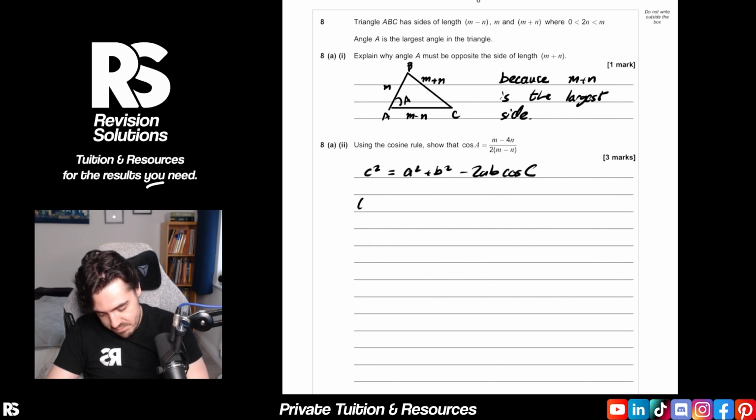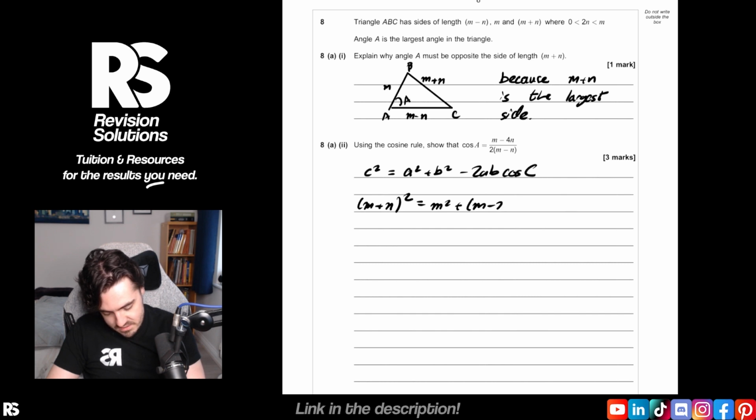So we're going to have m plus n squared then equals the sum of the two remaining sides, so that's m squared plus m minus n squared. That'll be minus 2 lots of m minus n times m times cosine of our opposite angle, so cosine of A.